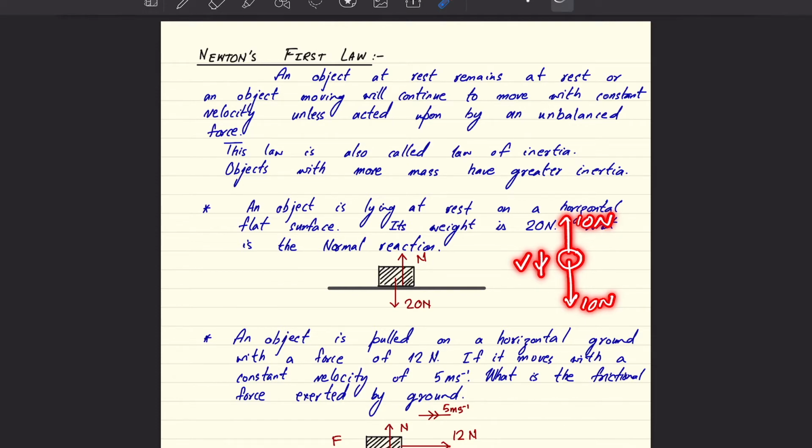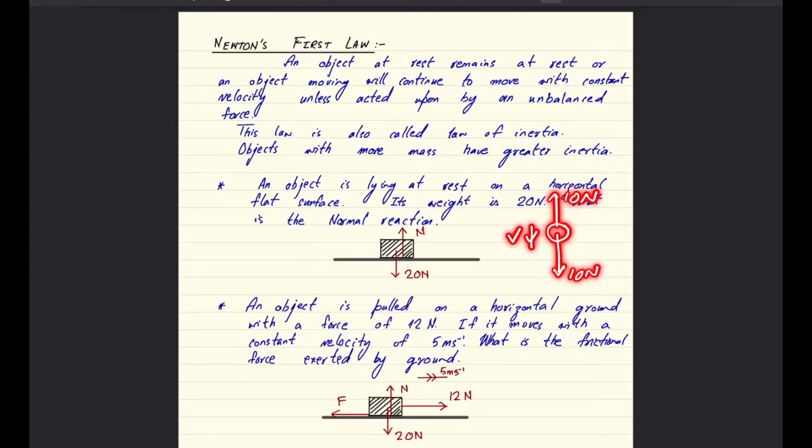This first law of Newton is also called the law of inertia. Inertia is a property that is associated with mass. If an object has a greater mass, it has a greater inertia, that means it is harder to move that object and also harder to make that object stop moving.